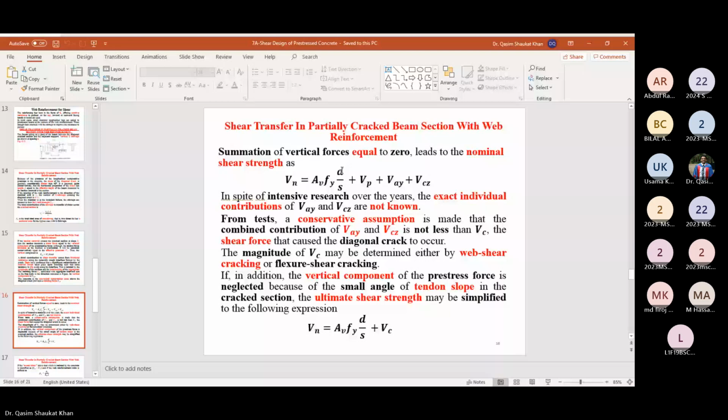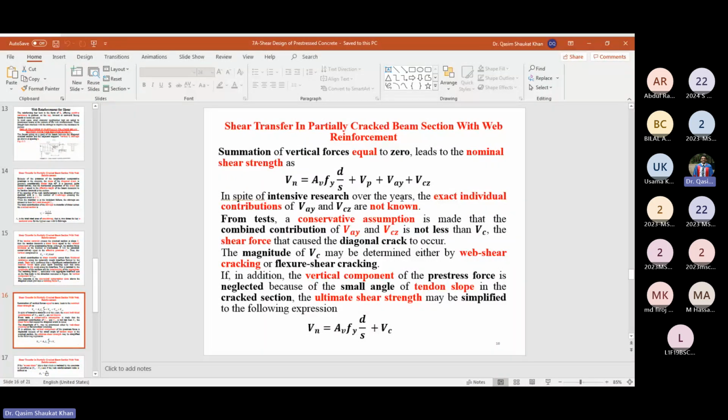This VP we are going to ignore because the angle of inclination of this tendon is very small. And VAY, the contribution of the fracture plane and the aggregate interlock, and VCZ, the contribution of the uncracked compression zone above the crack, we have considered equal to VC.